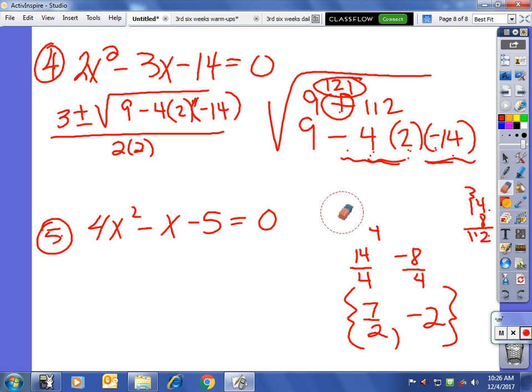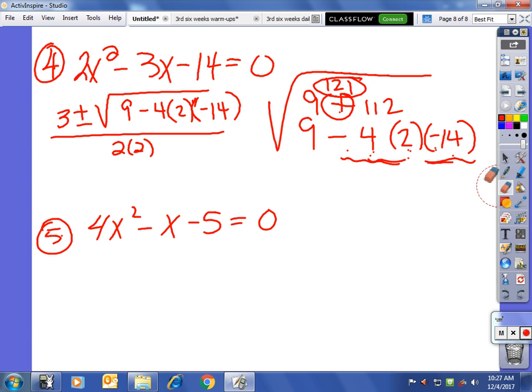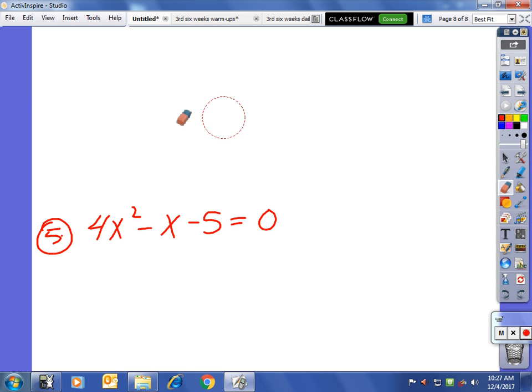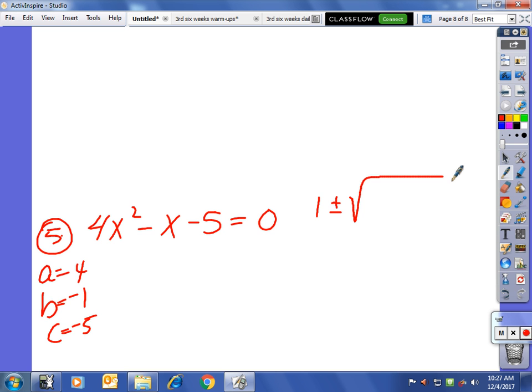All right, let's look at number 5. First of all, a is 4, b is negative 1, and c is negative 5. So opposite of b would be positive 1, right? Plus or minus the square root of b squared.